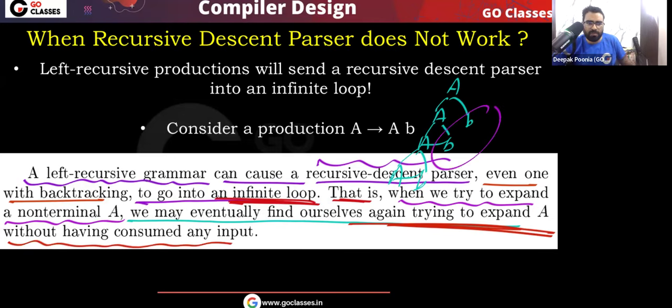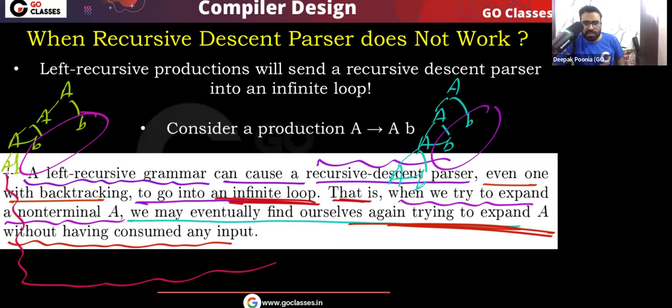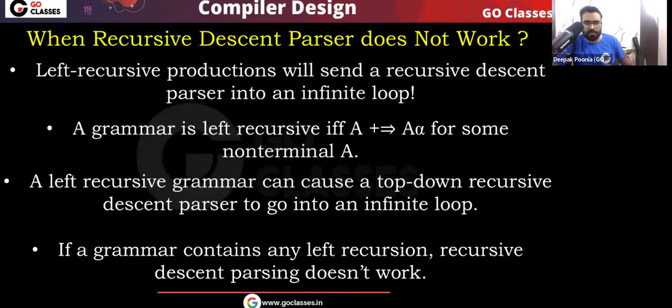Notice, without consuming the input, you just keep expanding A. So you can see that a left recursive grammar can cause a recursive descent parser to go into an infinite loop. That's it. Very simple. So this is the conclusion.